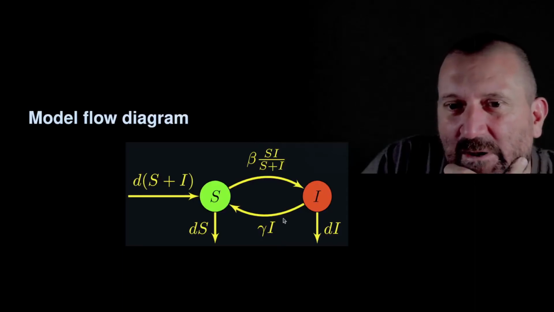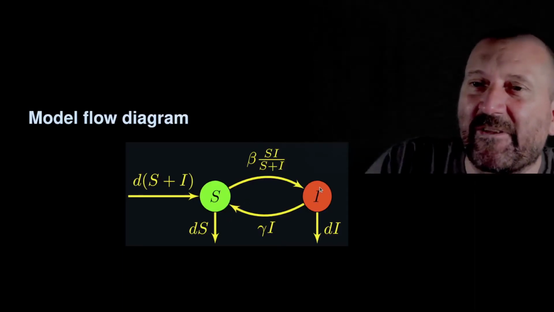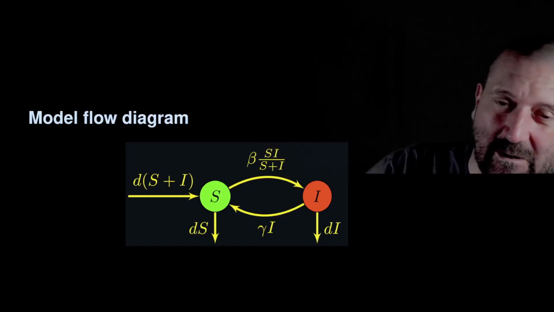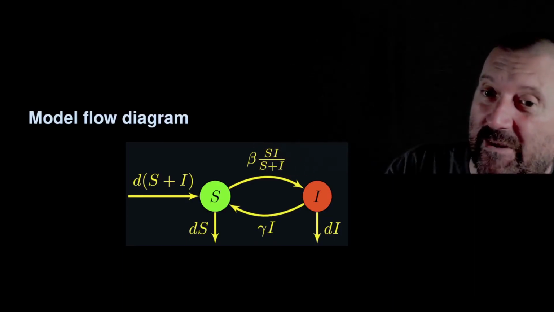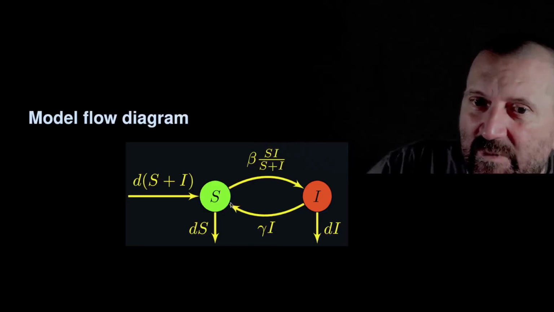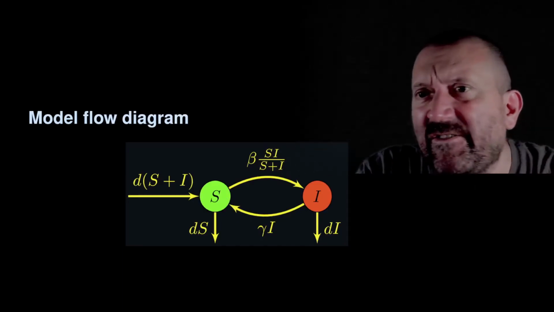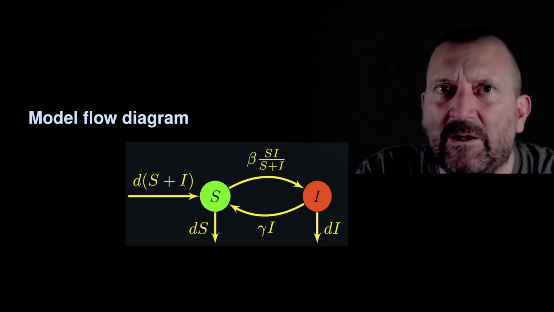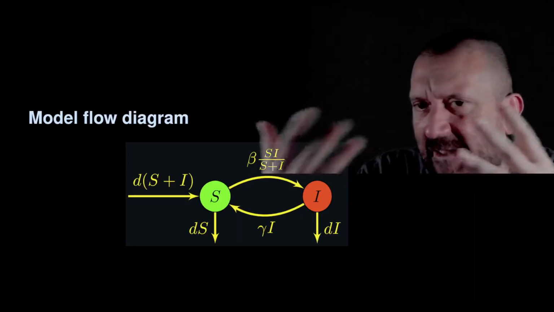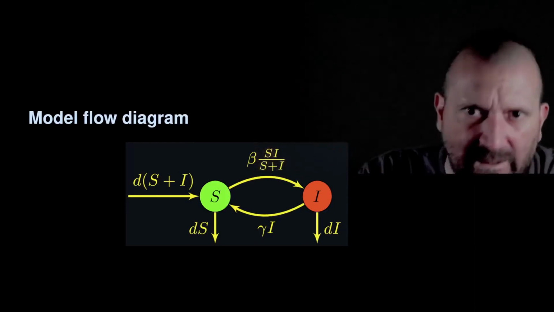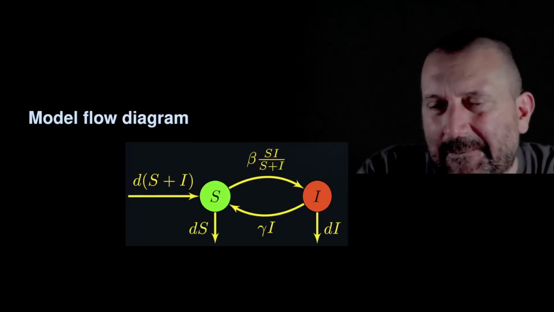Now, people recover, and when they recover, instead of being removed and not contributing to infection at all, nor being able to be reinfected, here I'm assuming that right away they can be reinfected. Okay, there's diseases like this. Gonorrhea is a well-known example. You can get gonorrhea, recover, and then right away afterwards you can get gonorrhea again.